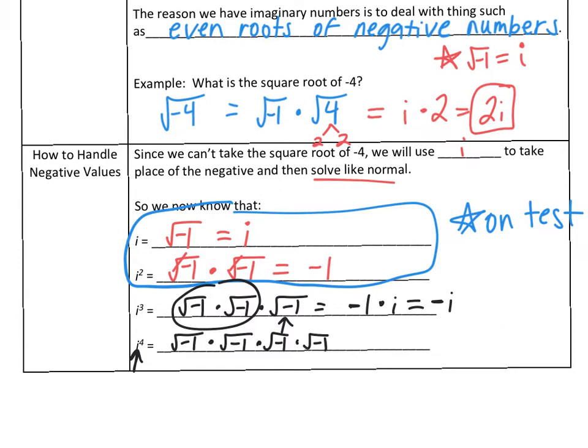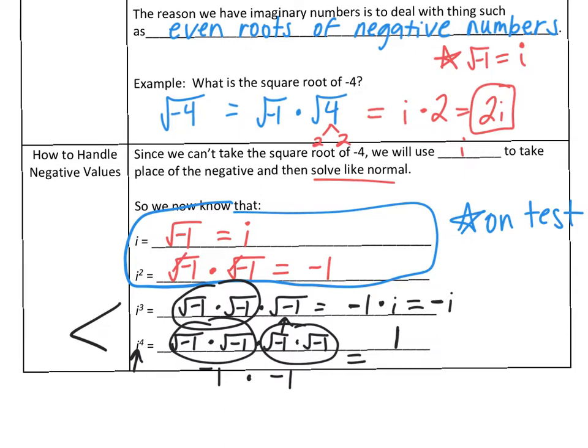Yep, it's going to equal positive 1, because it's going to be negative 1 times negative 1, which is just going to be 1. These two are not super important, because as long as you know the first two, you can get yourself to those two. But I definitely need you to know the first two. And I definitely would write those other two down.